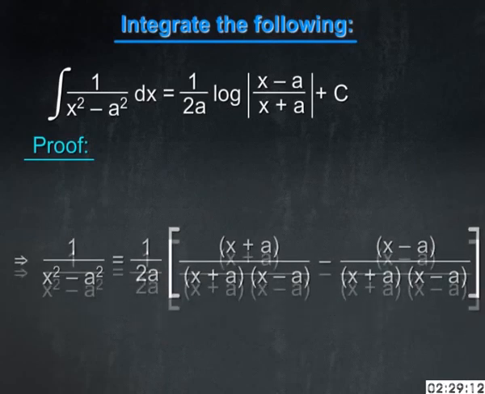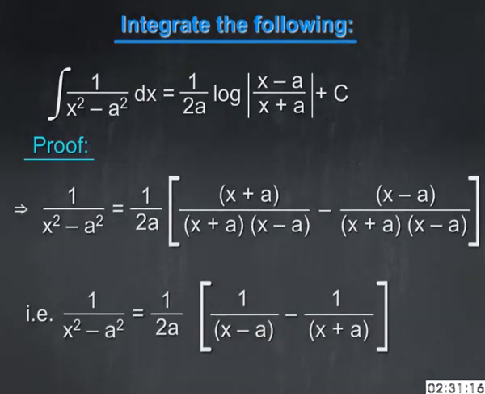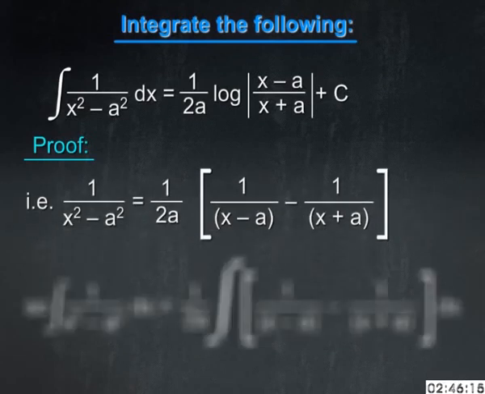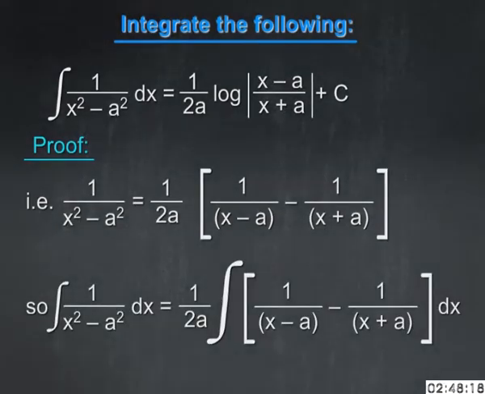So that is 1 upon x square minus a square is equal to 1 upon 2a whole multiplied by 1 upon x minus a minus 1 upon x plus a. So integral of 1 upon x square minus a square with respect to x is equal to 1 upon 2a integral of 1 upon x minus a minus 1 upon x plus a with respect to x.